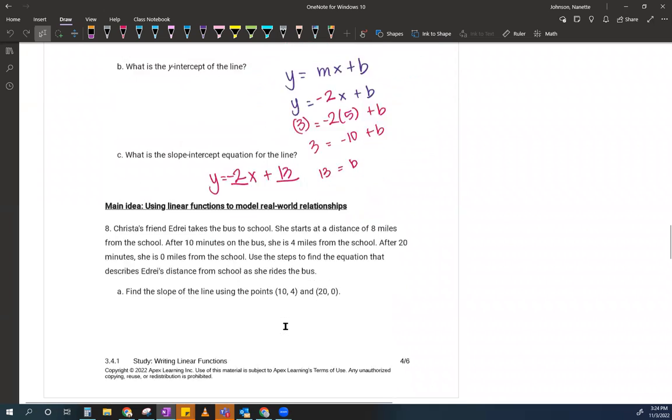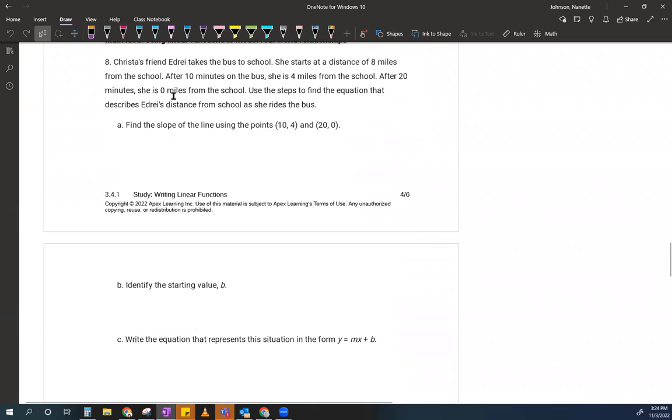Okay. All right, now they want you to do a word problem. So Krista's friend, Idre, takes the bus to school. And she starts at a distance of 8 miles from school. And after 10 minutes on the bus, she's 4 miles from school. And after 20 minutes, she's 0 miles from school.